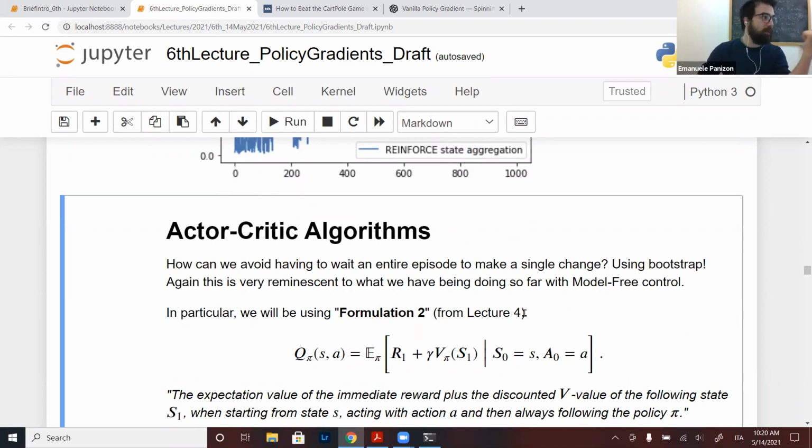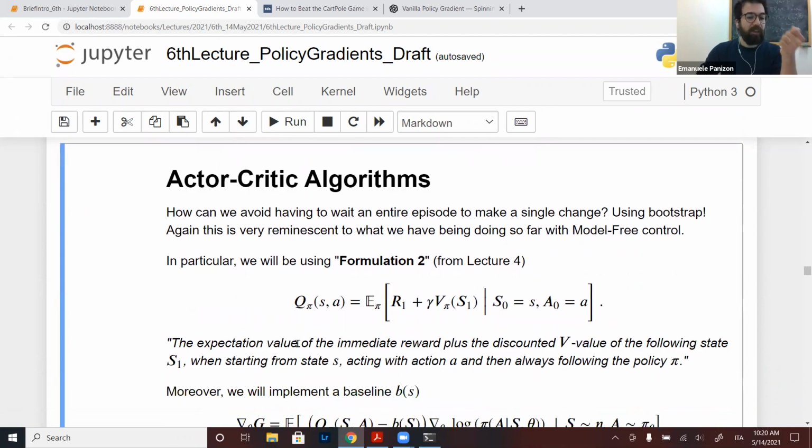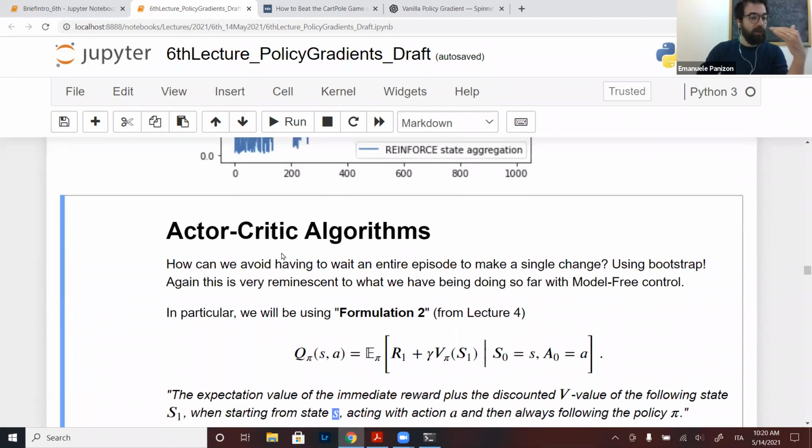If you want to go back to value evaluation, essentially the expectation value of Q is just the immediate reward plus the discounted V value of the following state, when I start from a state and act following the policy. Okay, so for actor-critic, we need to estimate the quality.